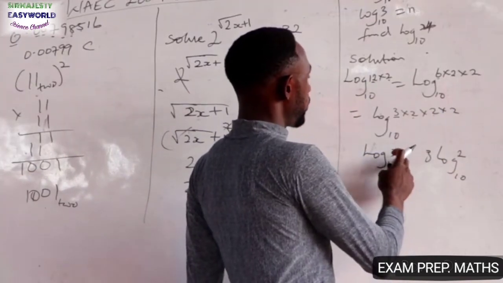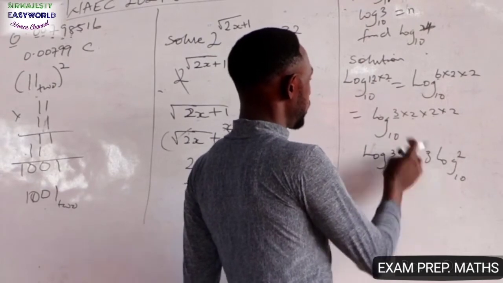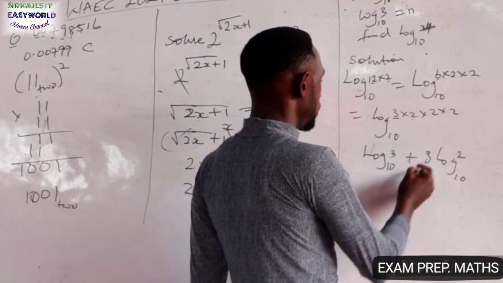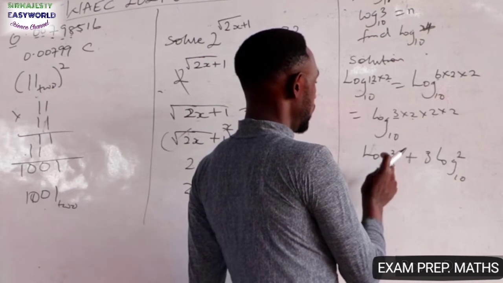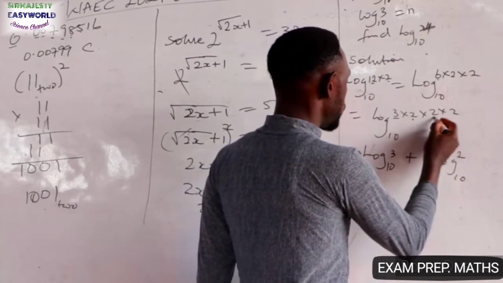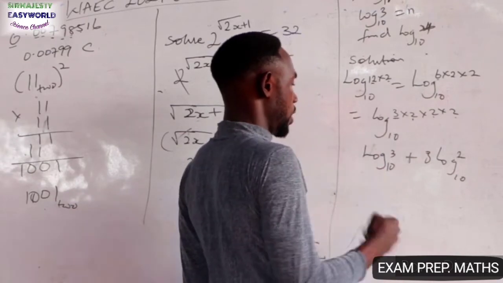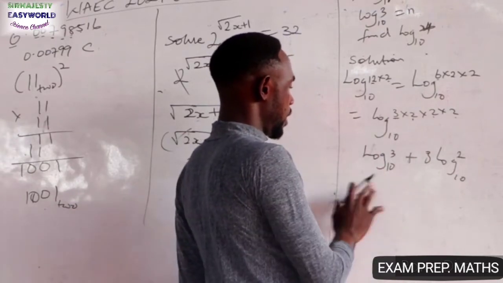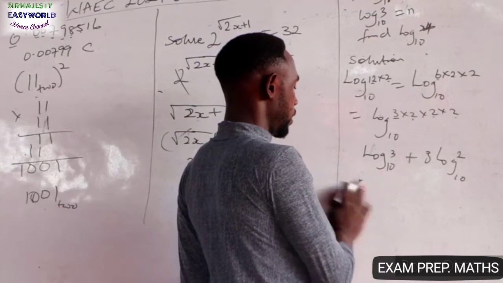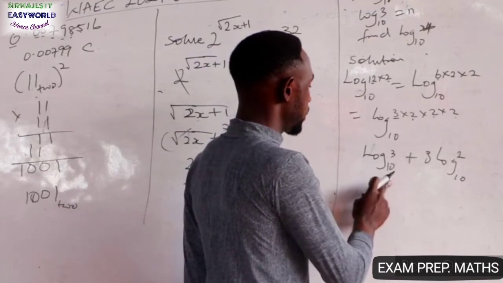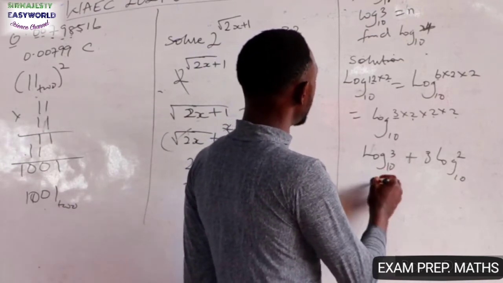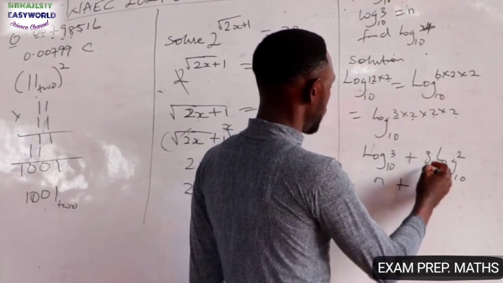Okay, so remember actually in indices, the multiplication should be plus, of course. Then we have log 3 plus 3 log 2, because we have 1, 2, 3, they are into 3, then there is only one of these. So no need of writing this one now, because it's already there. Normally, the coefficient of x in maths is still 1. So what we have here is that you now convert this to m plus, this 3 is constant.